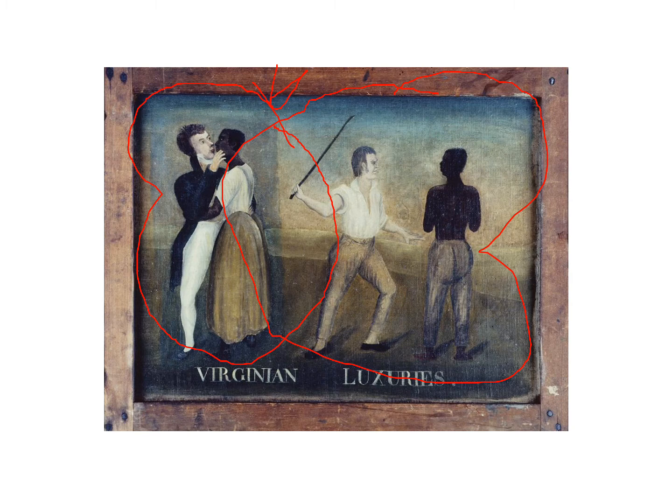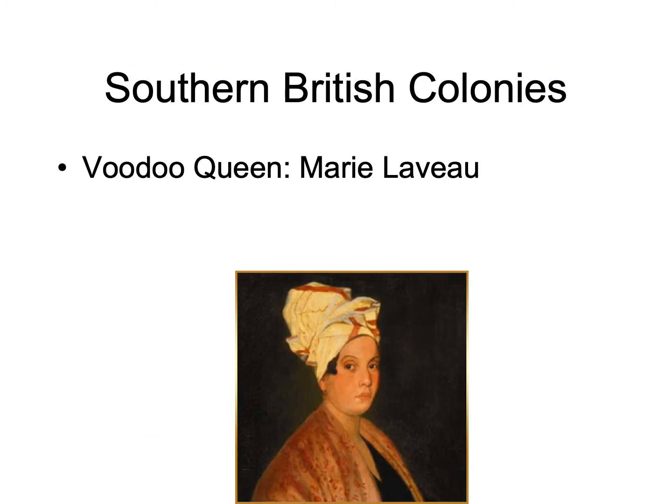But if we move on to our next slide, we are here talking about the voodoo queen Marie Laveau. Voodoo is a cultural form of African American religion that was developed by enslaved West Africans with the French, Spanish, and Creole populations of Louisiana.